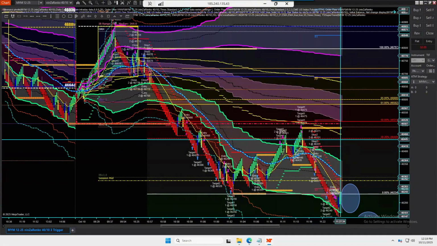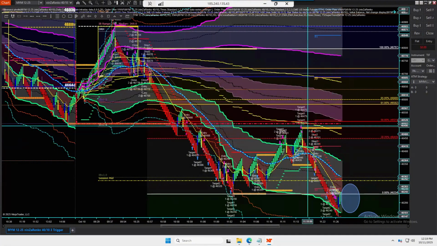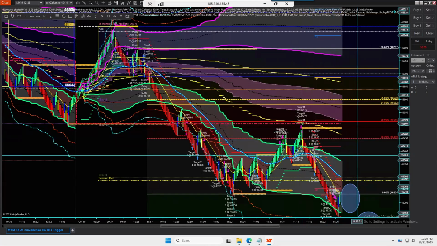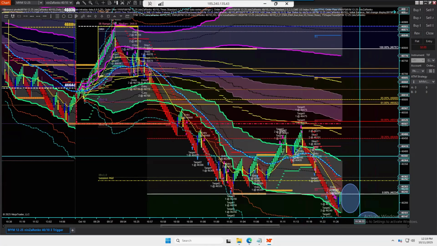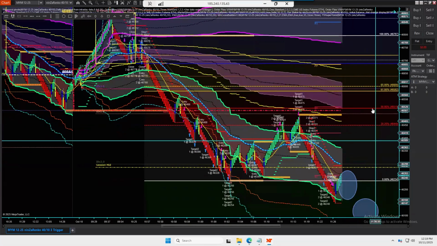When I finally figured out where the fib retracement and fib extension were, that's when I decided to go short. These are the entries.